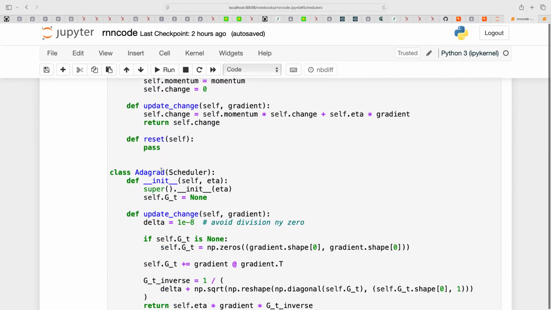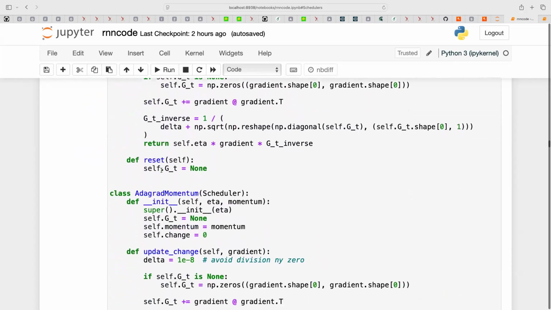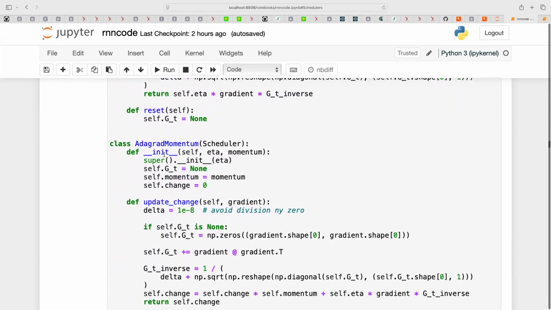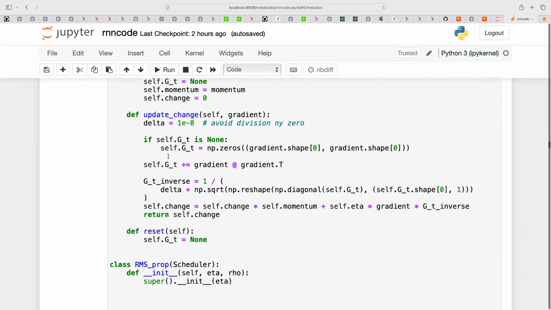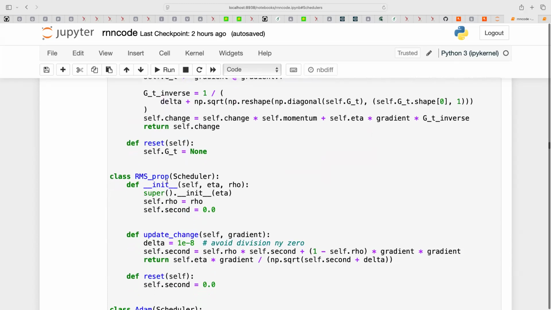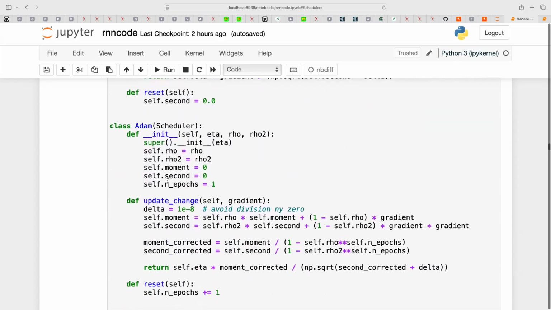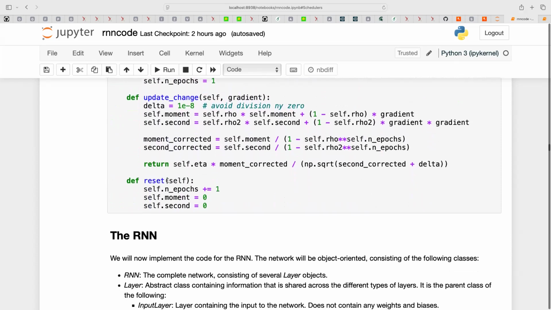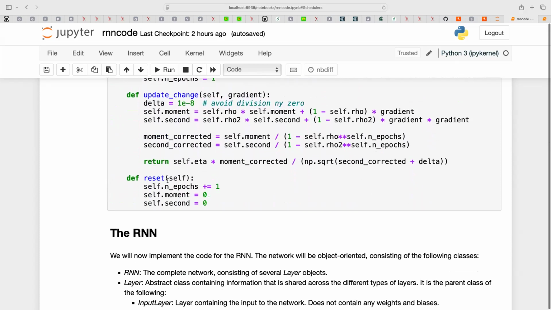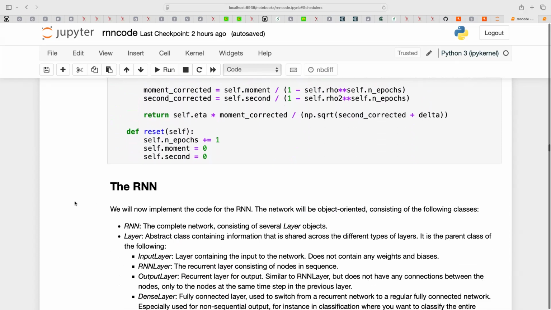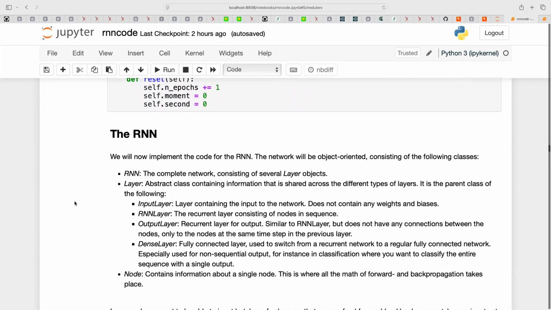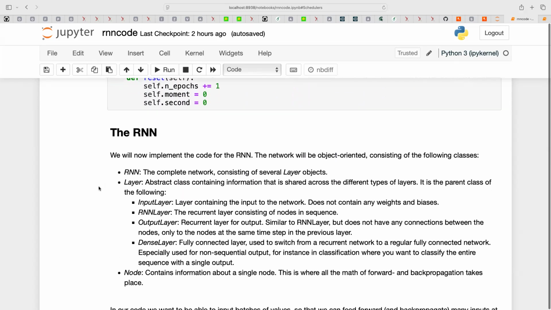These are just some of the ways to update the learning rate. There is also adaptive gradient with momentum, root mean square propagation, and the Adam way to reset the learning rate. So this is as before. And now we need to implement the RNN code. The code is now going to contain a set of classes.